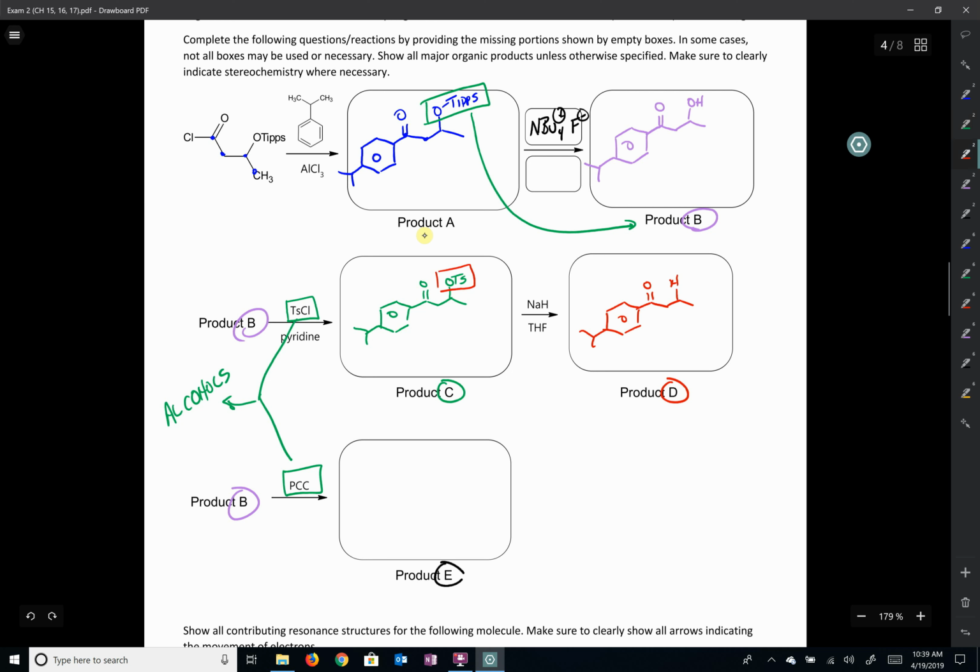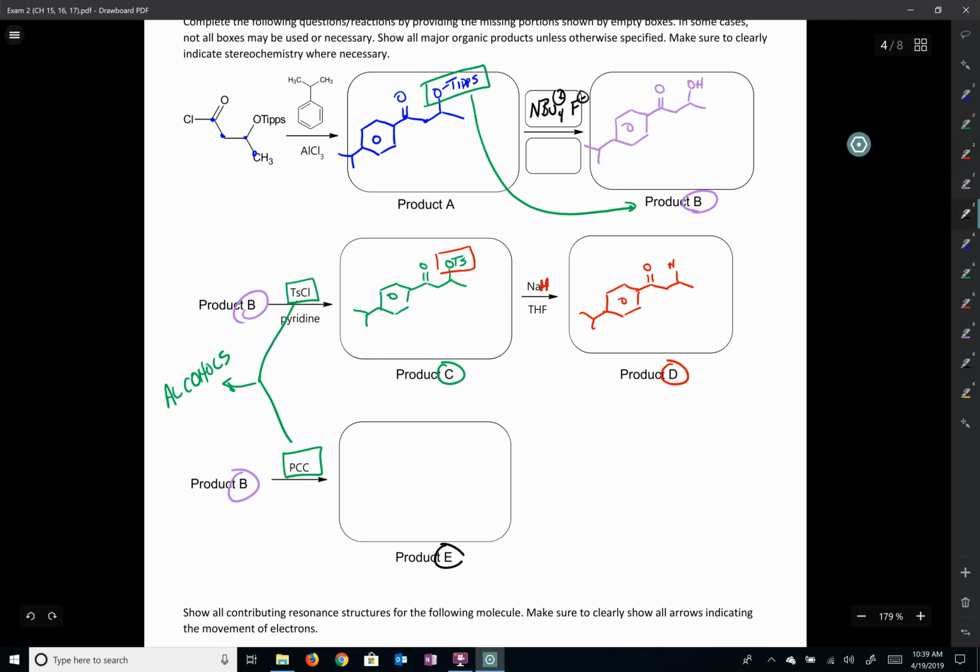If we want to color code some things, we're swapping in our hydride for that tosylate. And there we go. Fantastic. Product E then, PCC, that is one of our oxidizing agents. We don't have to worry about over-oxidation in this case because we have a secondary alcohol. So we're just taking a secondary alcohol into a ketone using PCC, and we're good to go with that too.